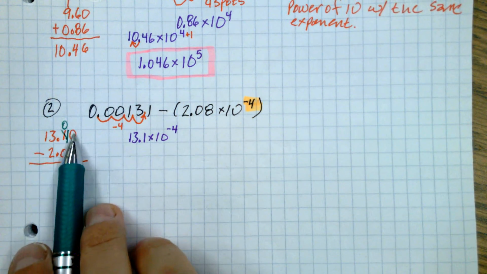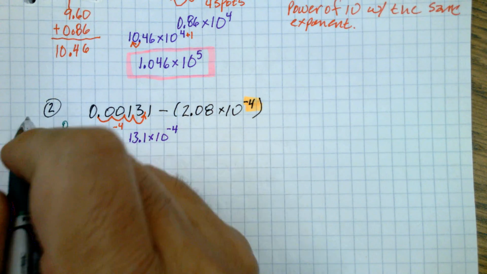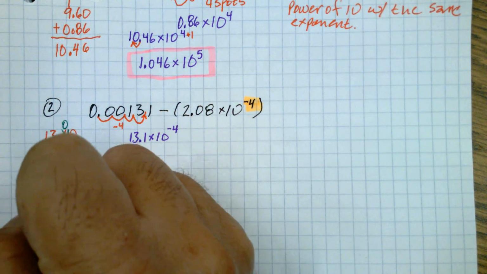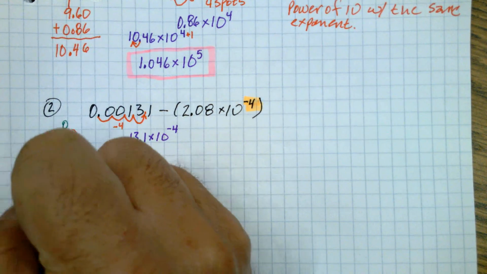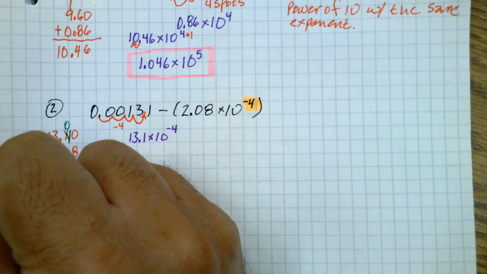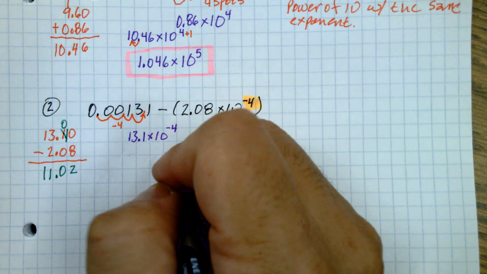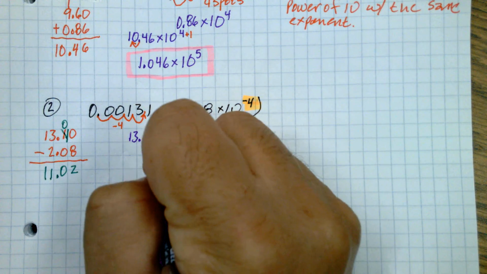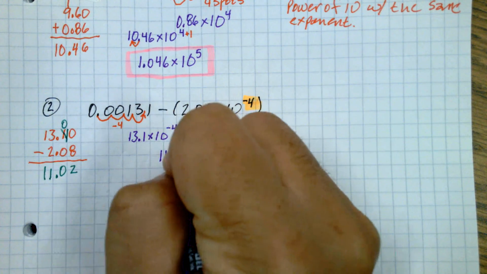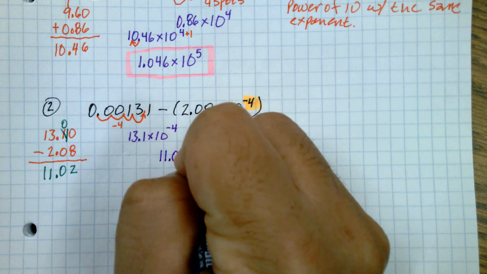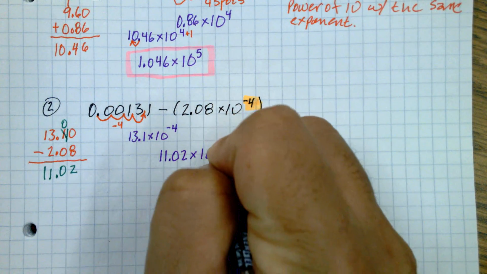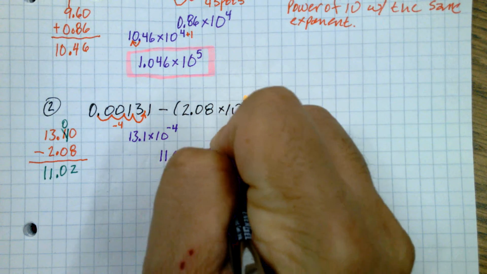So now I borrowed. 10 take away 8 is 2. 0 take away 0 is 0. 3 take away 2 is 1. I end up with 11.02 times 10 to the negative 4.